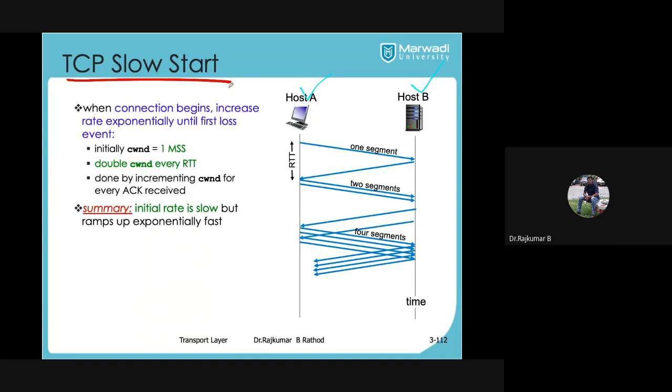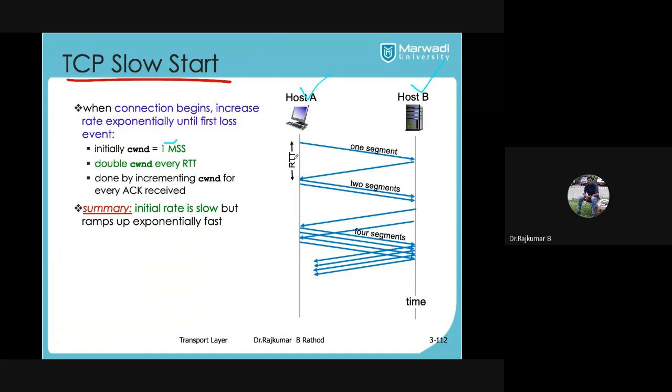When the connection begins, increase the rate exponentially until the first loss event happens. Initially the congestion window size is one MSS, maximum segment size. Only one segment is going.